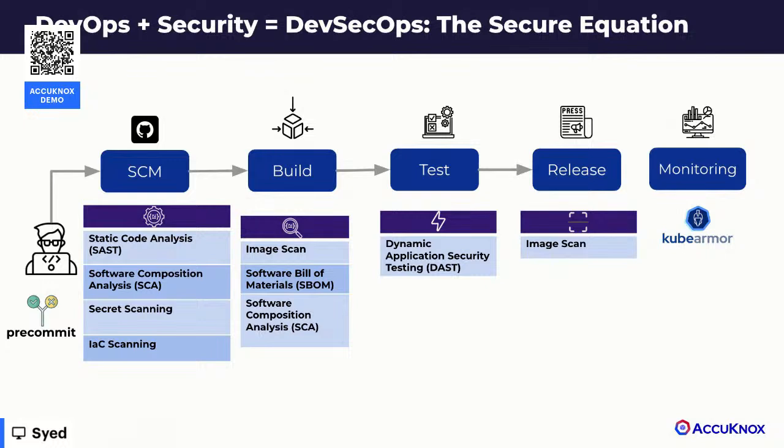As you already know, Log4j is the vulnerable library in Java. What happened at that time is that multiple people were utilizing that particular vulnerable package of Java, and they didn't know where they had used that vulnerable library.